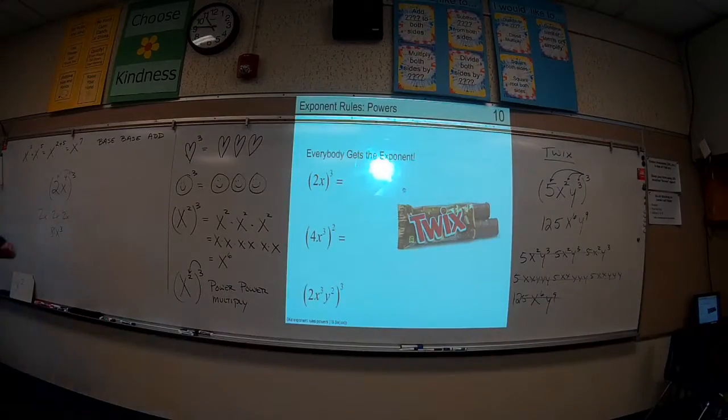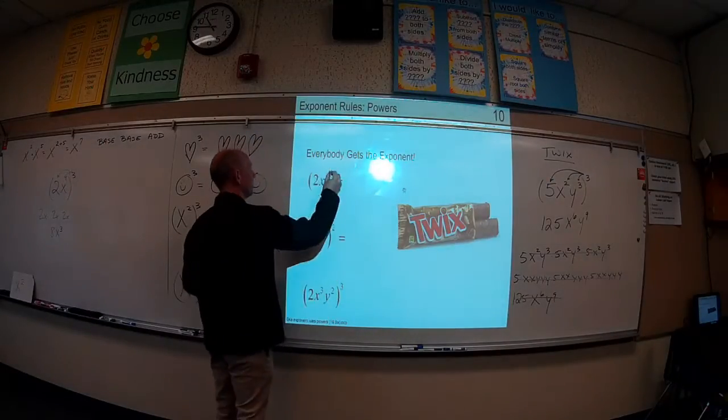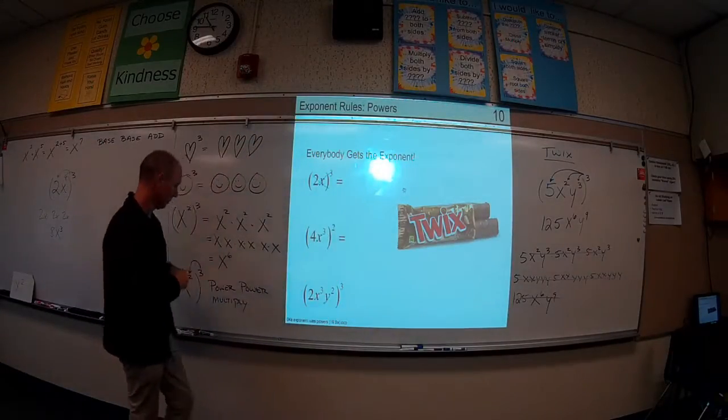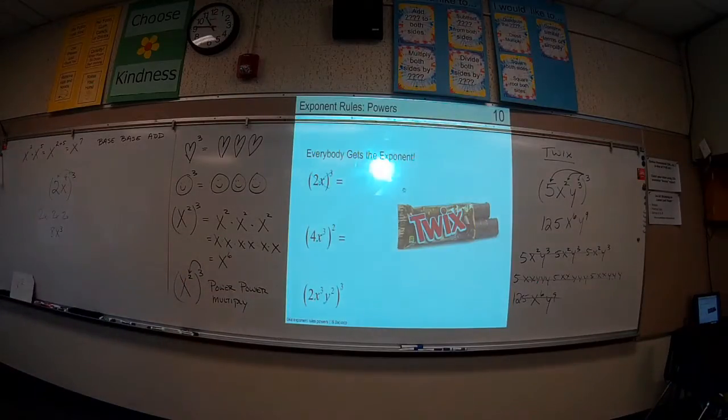Let's do another one. Try this one right here. So this one's done. You're doing this. Good. Let me do this whole row first. I'll come back to this row. No, you're doing 4 squared, not 4 times 2.